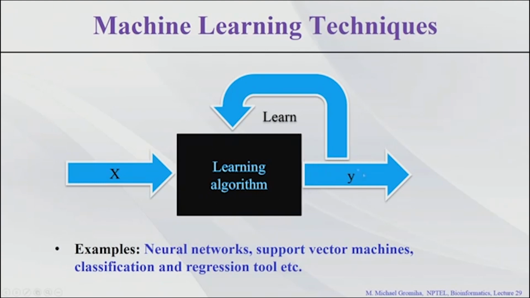With this y it will learn and change all the weights, and then again put into this machine learning. Then with the new weights they train on this data and finally give the output. They repeat again and again until you get the best performance. This is how the machine learning techniques work.